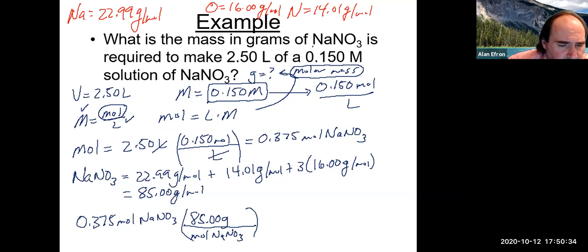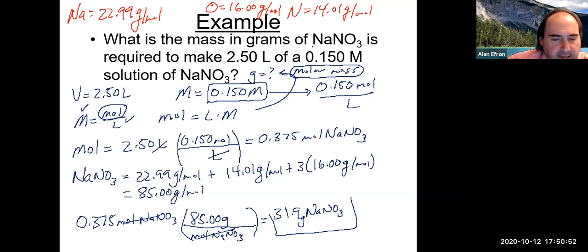The moles would cancel each other out, and it looks like we will end up with 31.9. Looks good there in the chat box. 31.9 grams of sodium nitrate. Any questions on that calculation there?